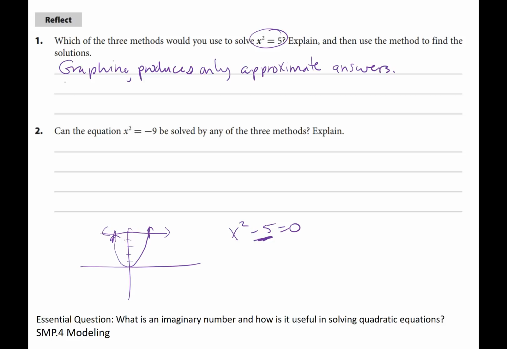So by factoring, 5 is not a square number, so it isn't a difference of 2 squares.